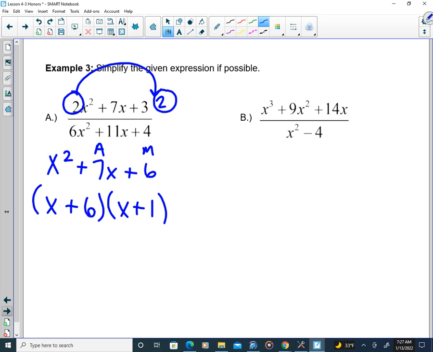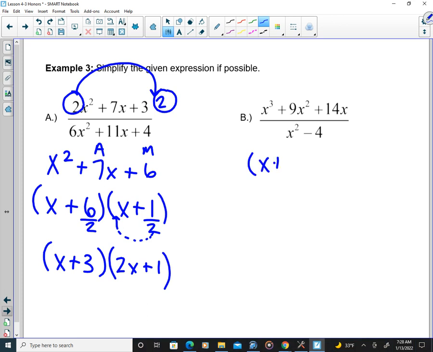But we're using slip and slide. So now we got to slide that 2 back into our factors and reduce. So we get x plus 3, and then 1/2 can't be reduced, but remember we don't leave the 1/2. We slide that 2 in front of the x. So the numerator on A factors to the quantity x plus 3 times the quantity 2x plus 1.